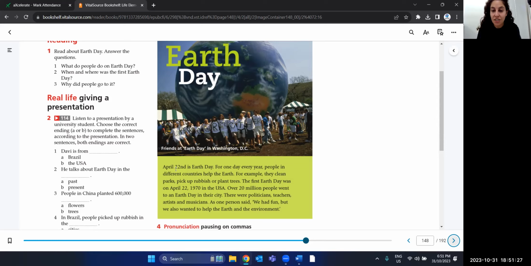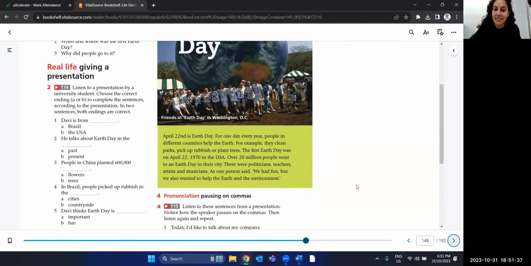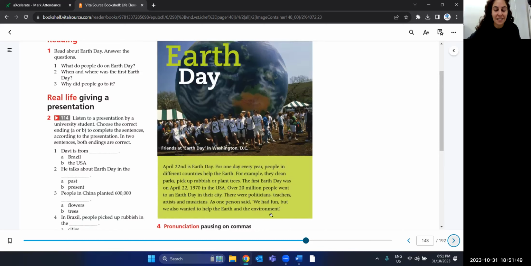There were politicians, teachers, artists, and musicians. As one person said, we had fun, but we also wanted to help the earth and the environment.